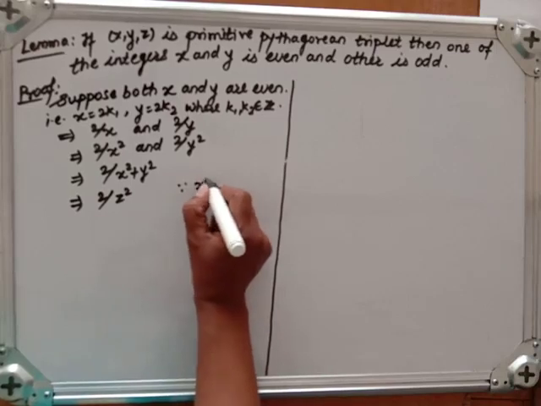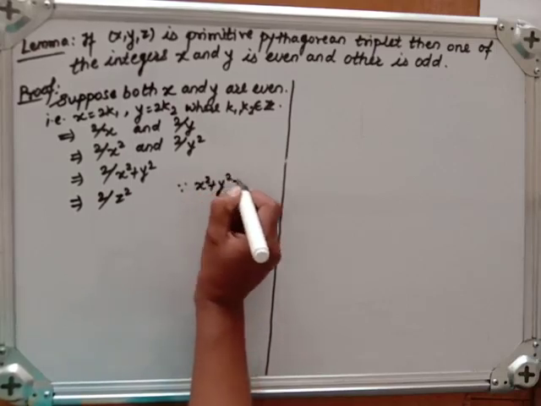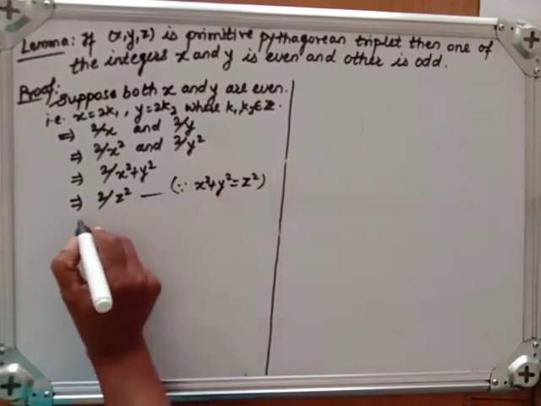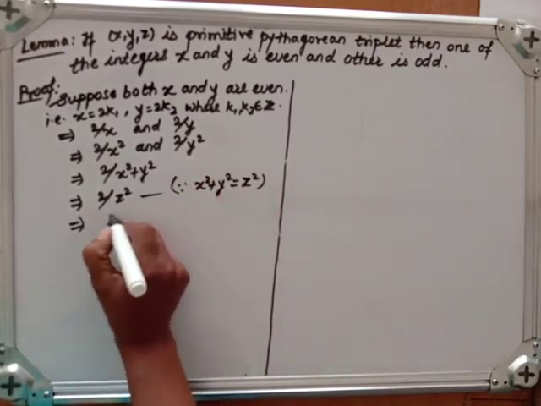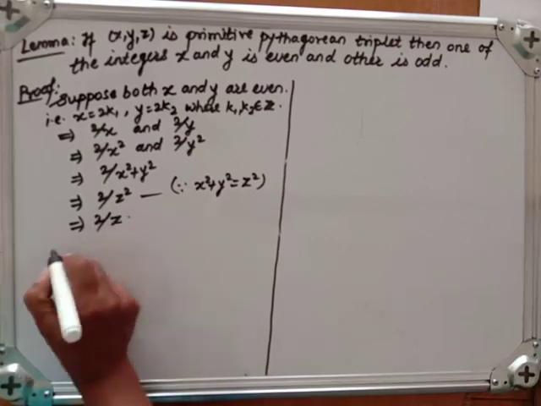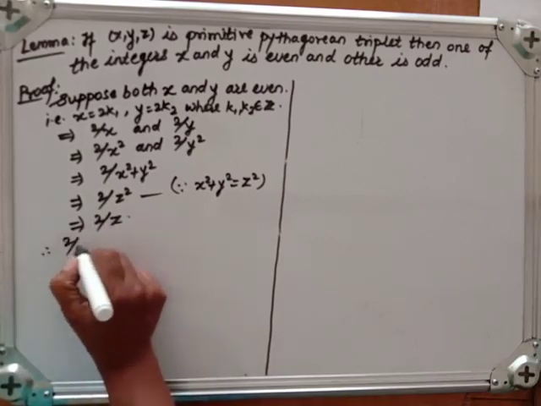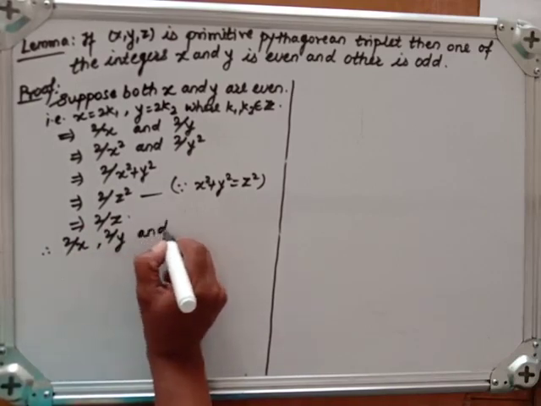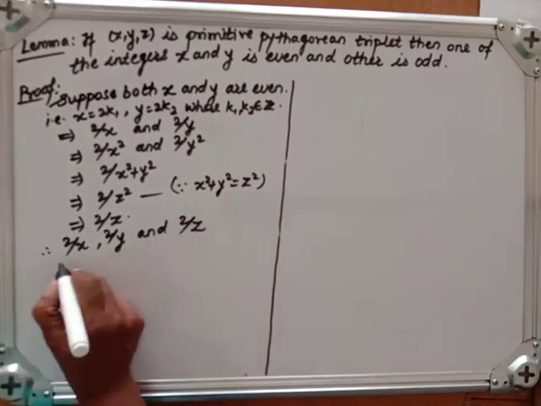Since it is a Pythagorean triplet, x square plus y square is equal to z square. This is the reason here. So 2 divides z. Therefore 2 divides x, 2 divides y and 2 divides z.